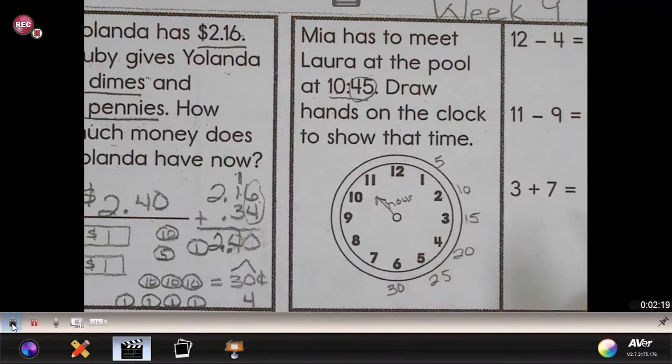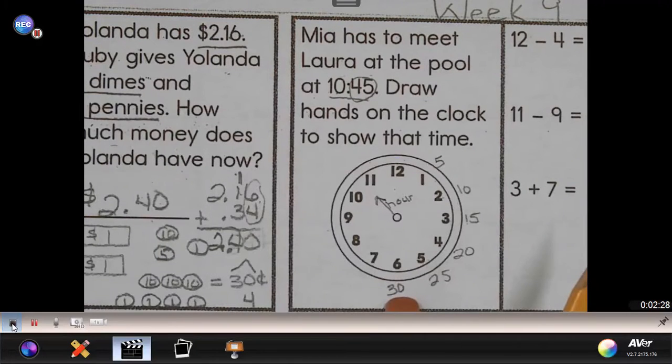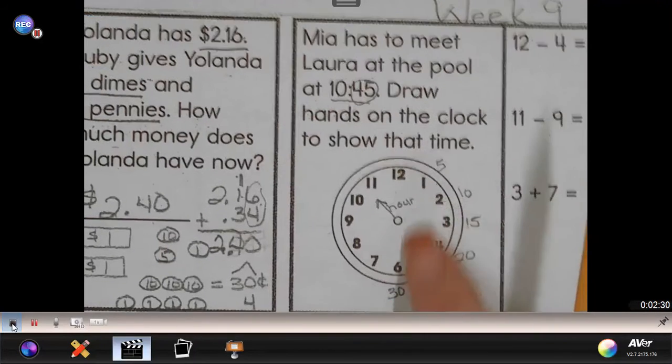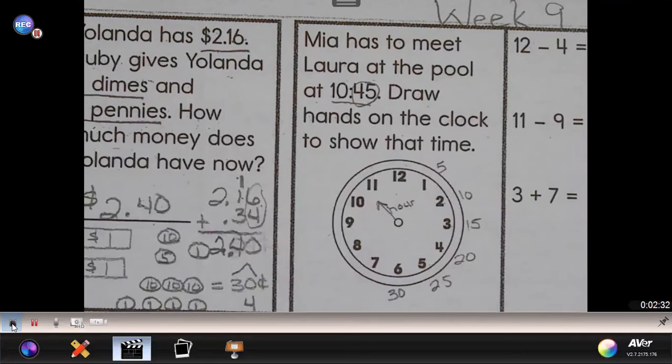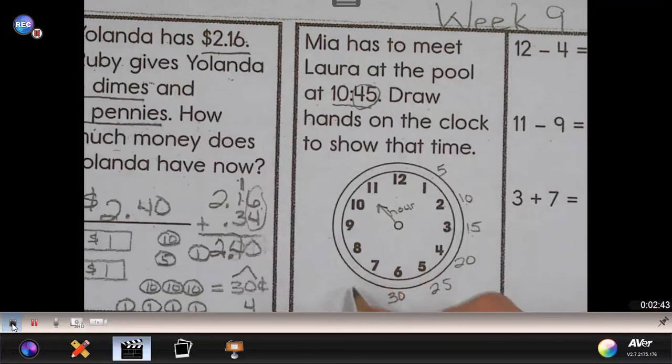Now, to skip that part, we could automatically say, let's just start at the 30, because we know that if the minute hand is pointing at the 6, that would be 10:30. So we could skip the counting by 5s up to the 30 if we knew that when we point the minute hand at the 6, it's 30.